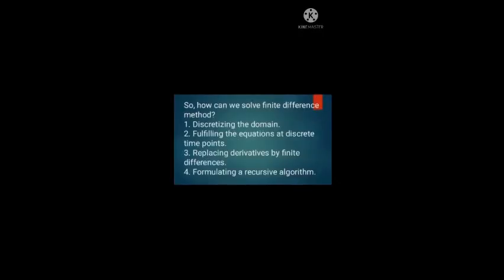So what is the finite difference method? It is an approximate method for solving partial differential equations. It has been used to solve a wide range of problems, including linear and nonlinear, time-dependent and time-independent problems. So, how can we solve with the finite difference method?